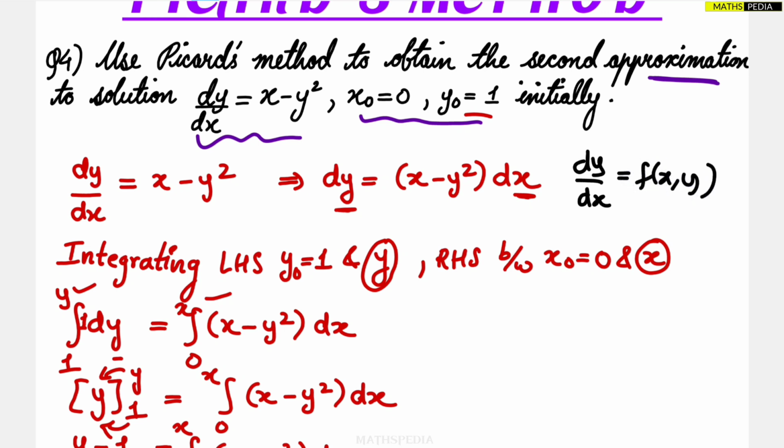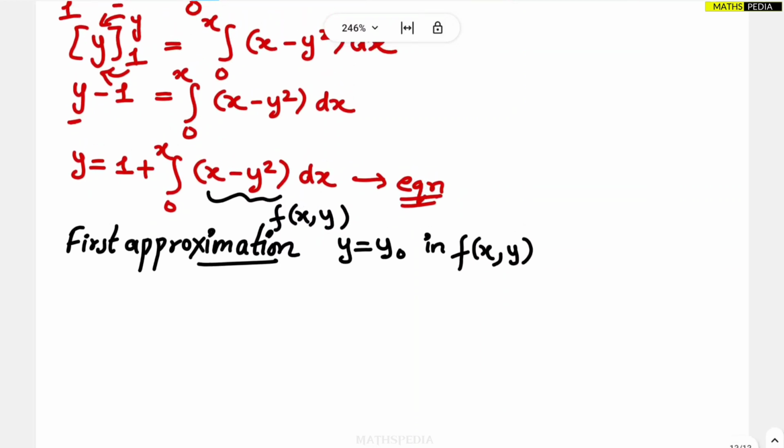So here the function of x and y is nothing but x minus y square, that is this part. There you have to substitute y as y naught for the first approximation. Don't get confused, only inside that part, inside the integration, we have to substitute y equal to y naught. Here y is sitting, don't substitute y naught there.